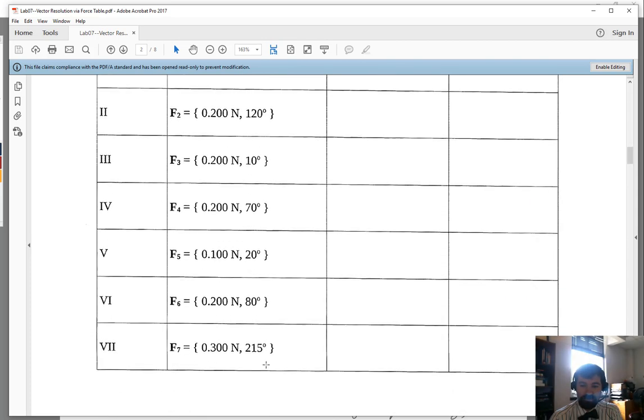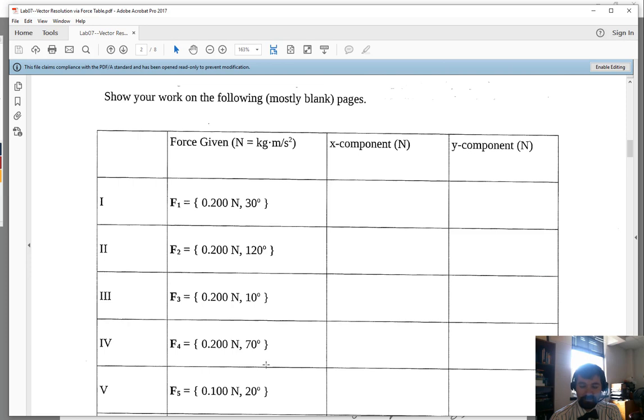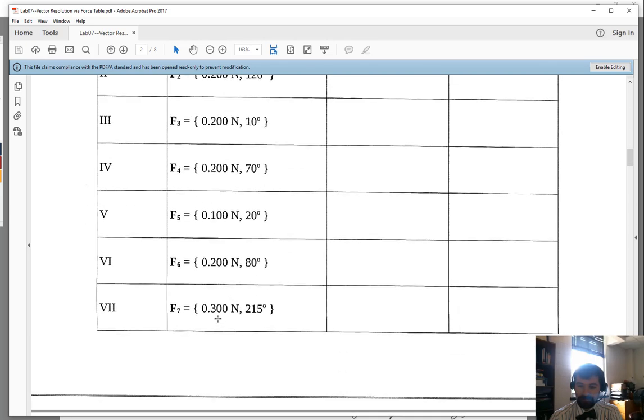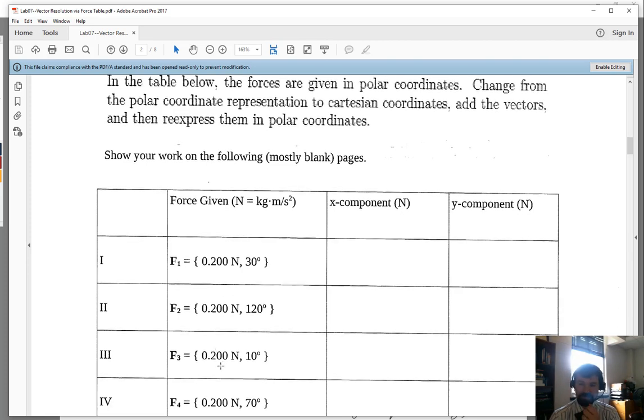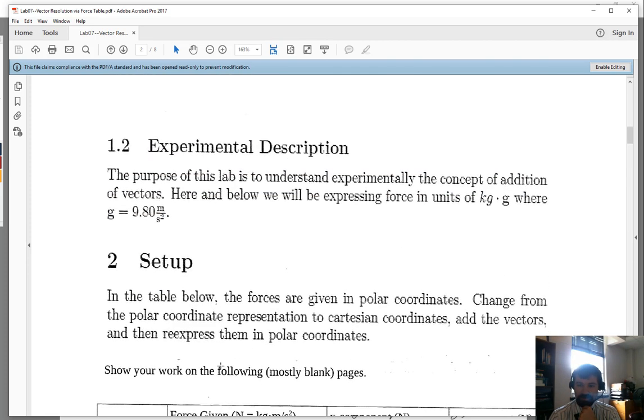Okay, and depending on what our lab setup person puts out this week on the lab tables, we may have to modify what forces you're adding here, but I'll only modify it by multiplying everything by a factor of 10, essentially. So if she puts the big weights out, then we may have to change this from 0.2 to 2 newtons. And then this one is 2 newtons and 2 newtons and so on. Okay.